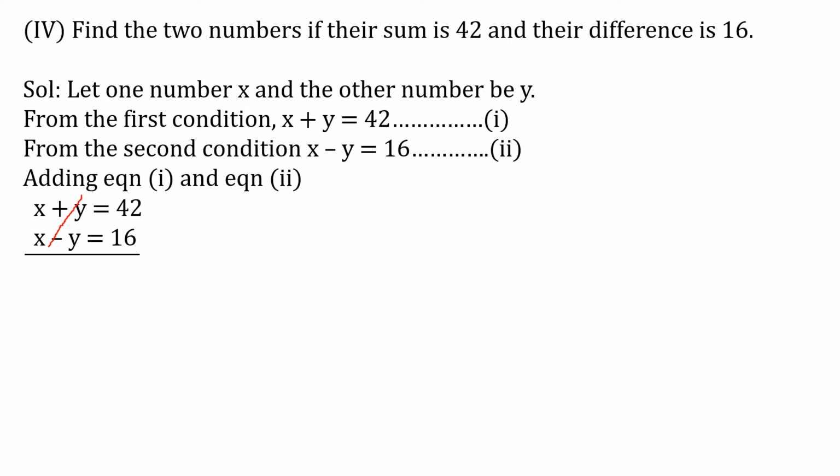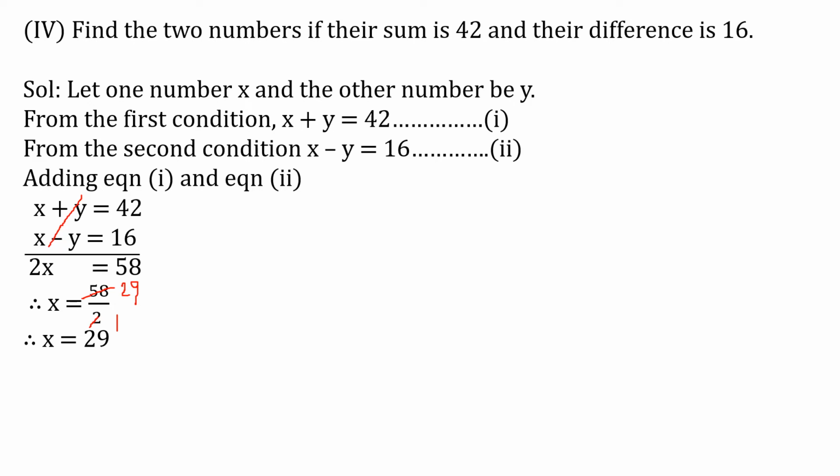You'll get x plus x, that is 2x, equal to 42 plus 16, which is 58. So the value of x equal to 58 upon 2. Further you can simplify. 2 fives are 10, 2 nines are 18. So you'll get the value of x equal to 29.